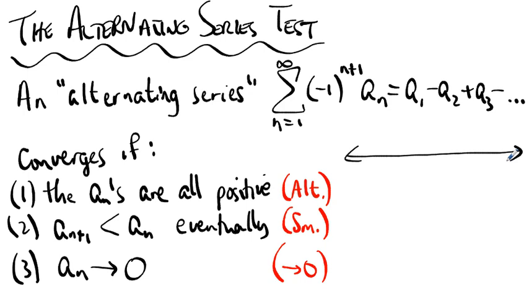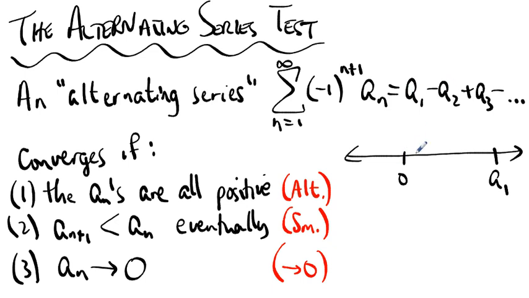Let's add terms. So here's 0, and then we add a1. a1 is maybe here. So then I want to look at the second partial sum. The second partial sum is a1 minus a2. Well, what does that do? A2 brings us back this way, but not this far, because A2 is less than A1.